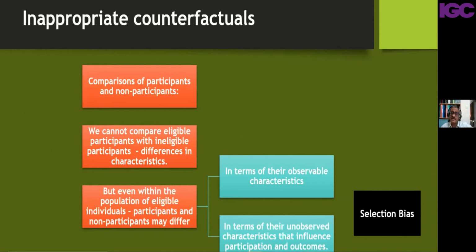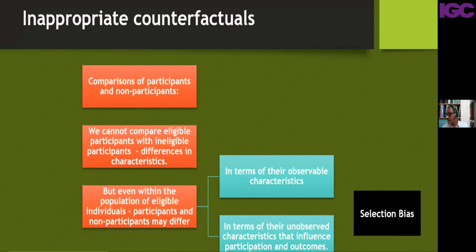For example, if you're comparing all eligible small farmers, the differences in observable characteristics could be that some small farmers have access to irrigation, while other small farmers don't. This is an observable characteristic. The unobservable characteristic would be if the participant group and the non-participant group differ in terms of something like ability, which you cannot observe.